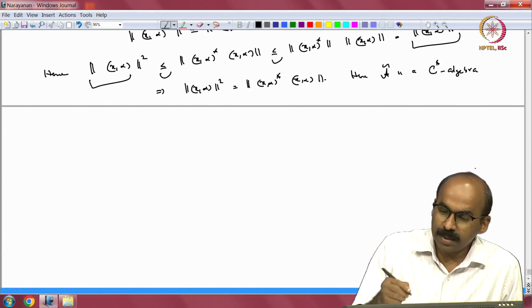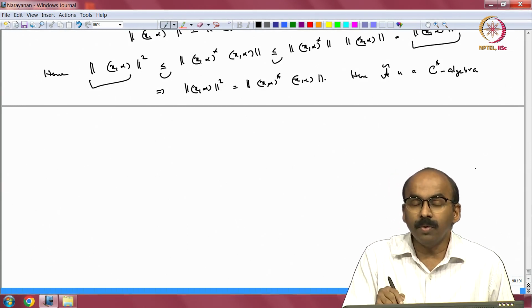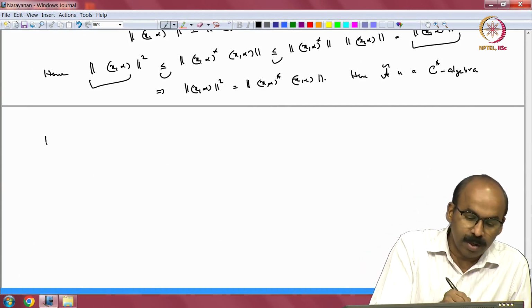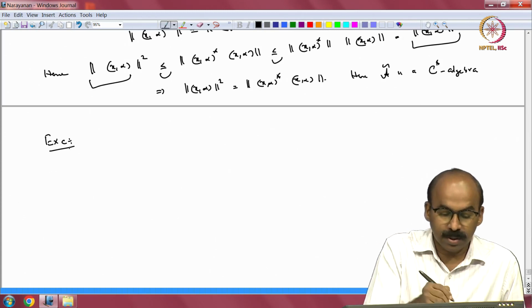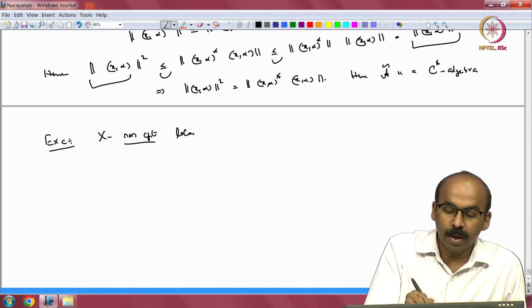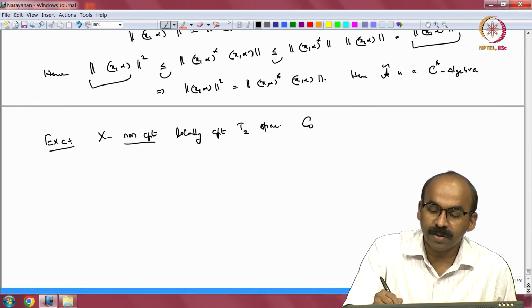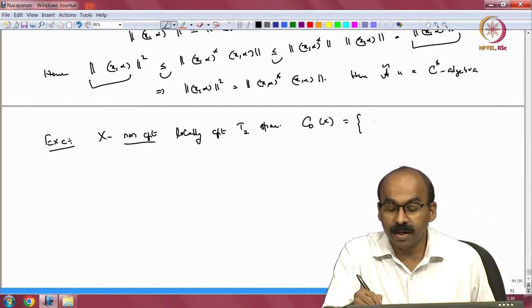Okay. So, as an exercise, it is instructive to look at how this looks for C naught of X. Let me do this by hand, constructing the norm. So, exercise. Let X be a non-compact locally compact T2 space. And I have C0 of X. C0 of X is all continuous functions vanishing at infinity, right.